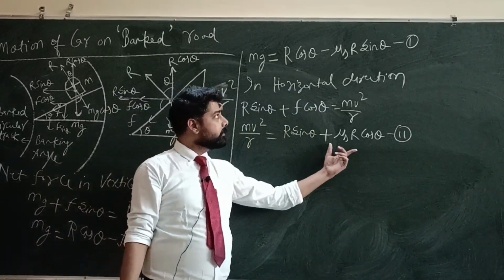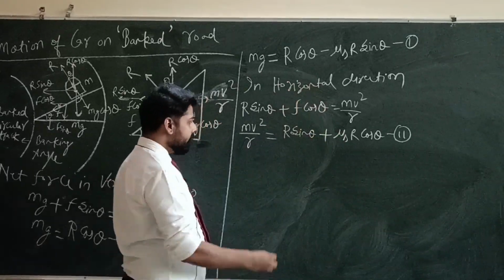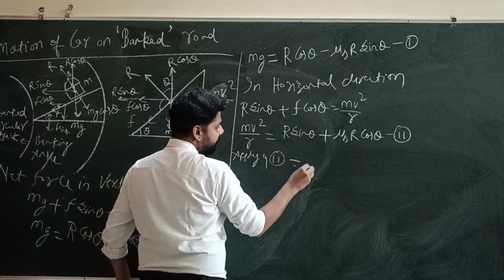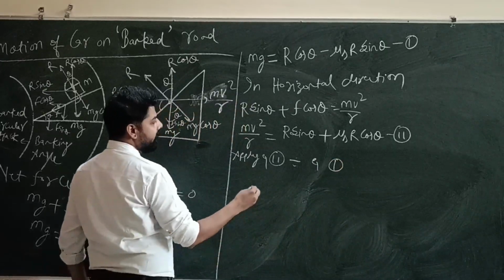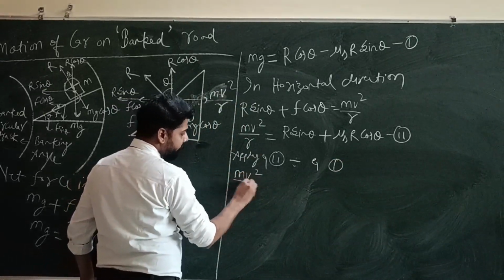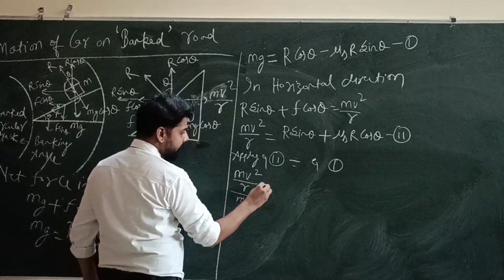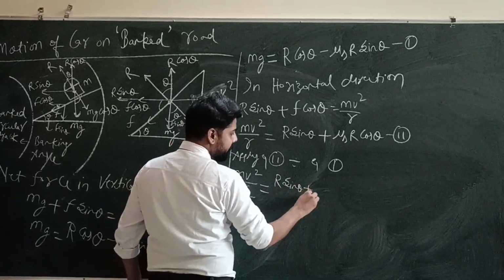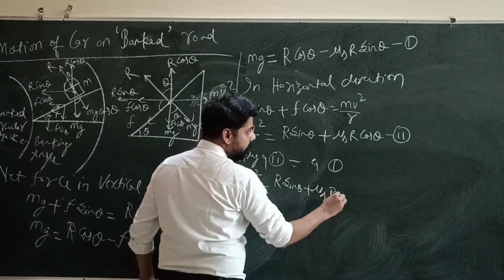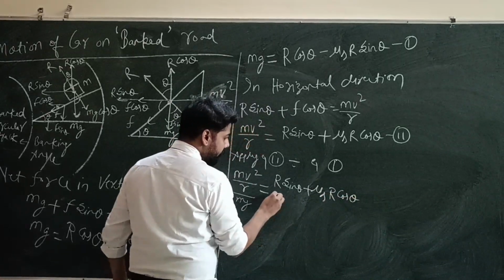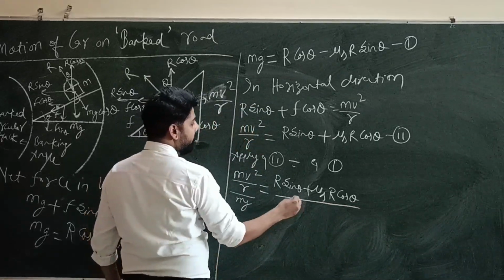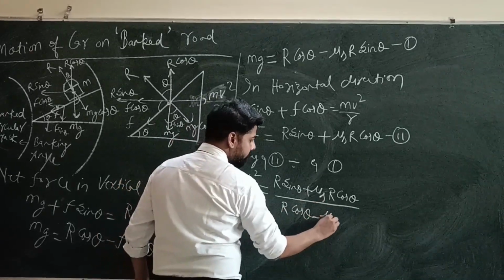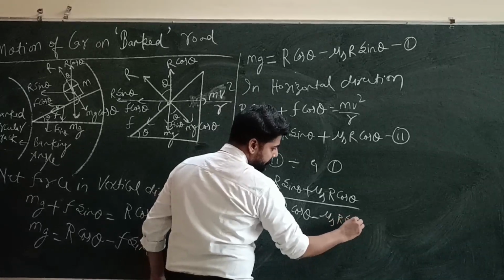If we divide the second equation by the first equation, we obtain mv square upon r upon mg equals R sin theta plus mu s R cos theta upon R cos theta minus mu s R sin theta.